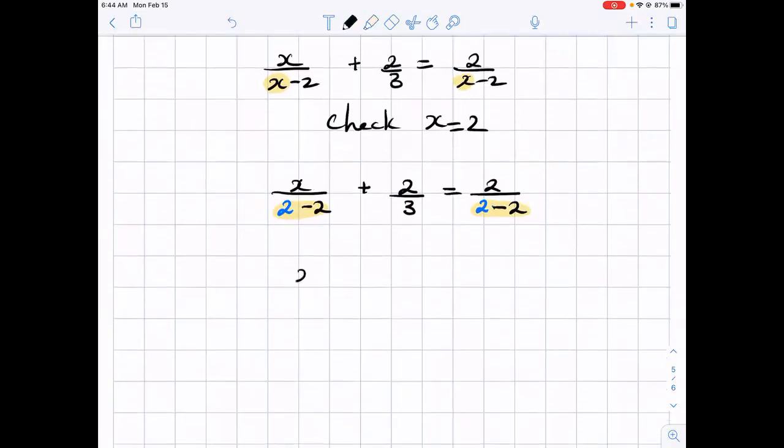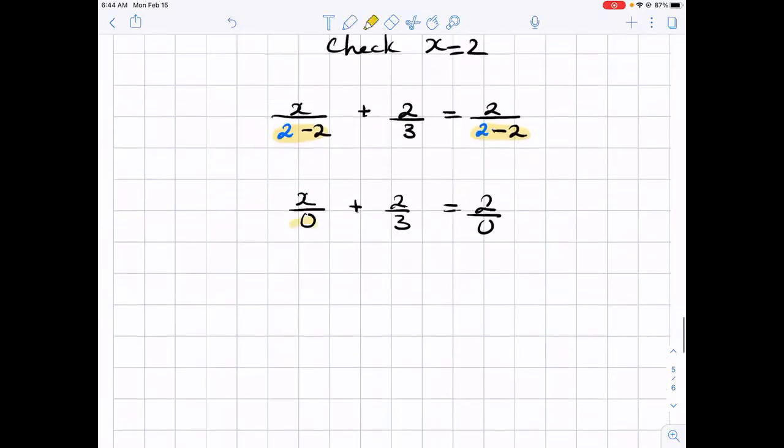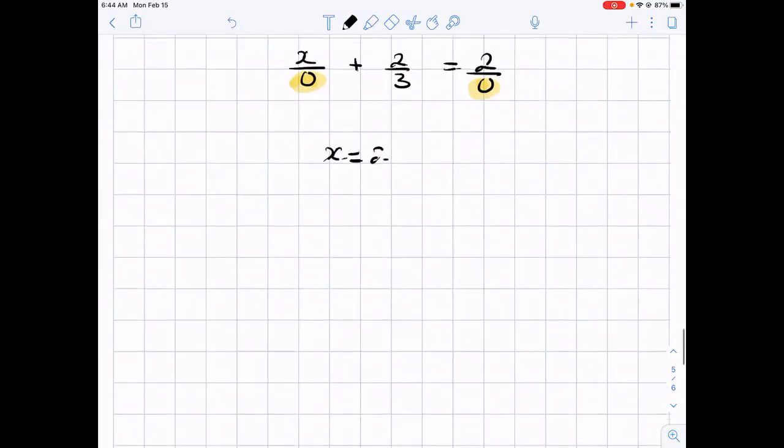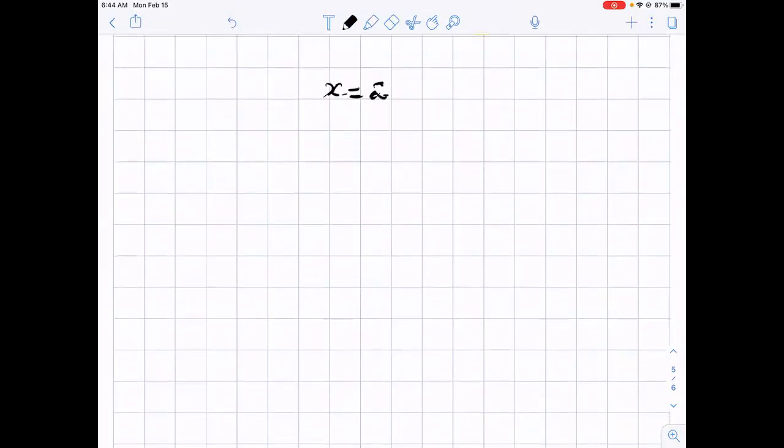So this becomes x over 0 plus 2 over 3 equals 2 over 0. So anytime one of the denominators, this is where the problem is. It doesn't matter if it's 2 of them or 3 of them, once one of them becomes 0, okay, x equals 2 does not check.